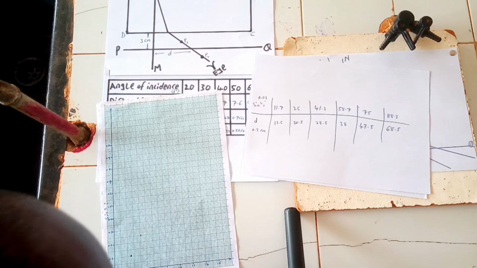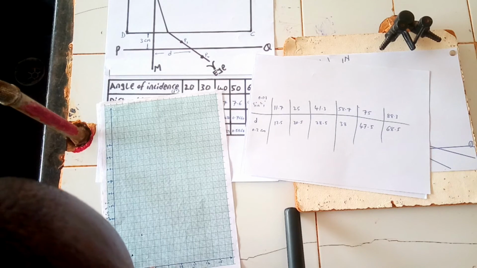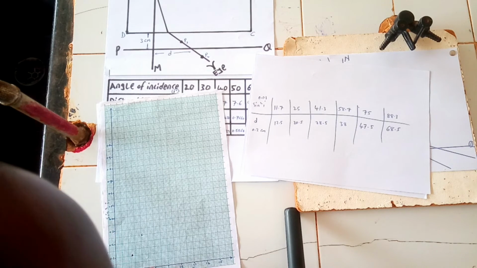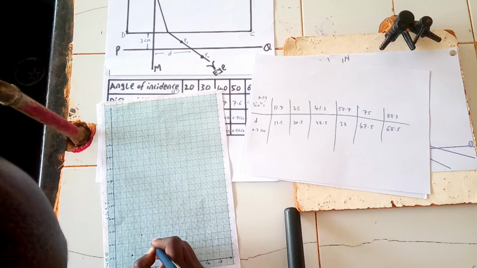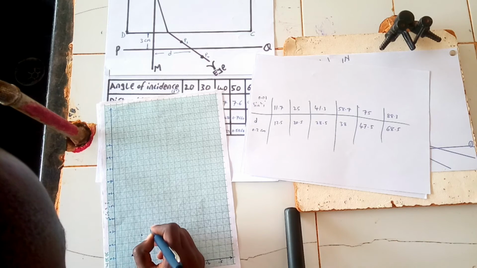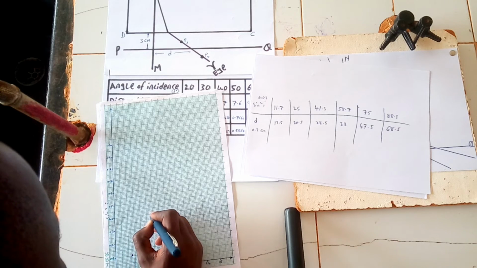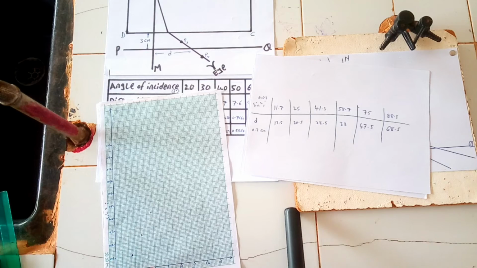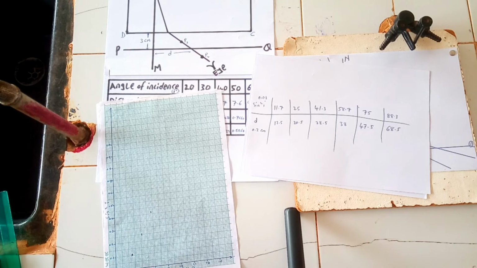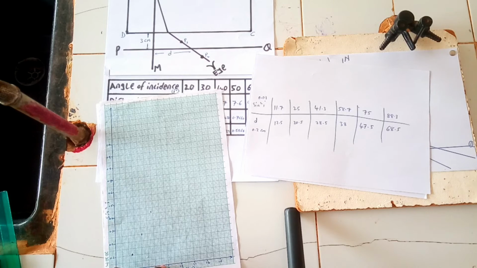28.5. 28.5 is here. Then we rise up 41. 10, 20, 30, 40, 41. So the value is there. Then we go 38, 10, 20, 30, 38.